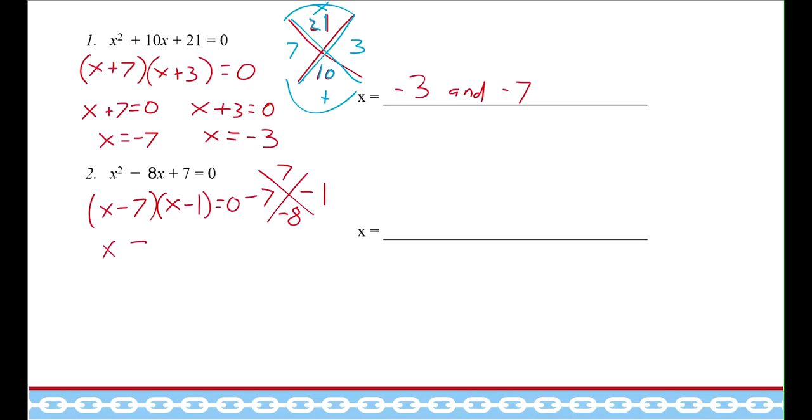And then I split, and I solve those two equations. So I get x equals 7, or x equals 1.